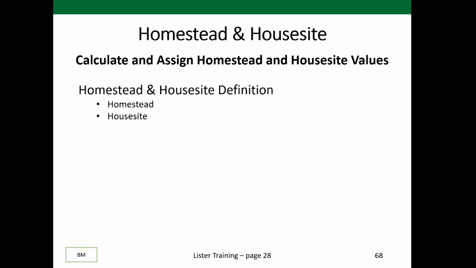Not included would be any area of the property that the owner would receive money for business use, over that 25% in the house, and any outbuilding that is used for business purposes would be excluded from the homestead and the house site. And any rental. And any rental, even if it's just 1%.